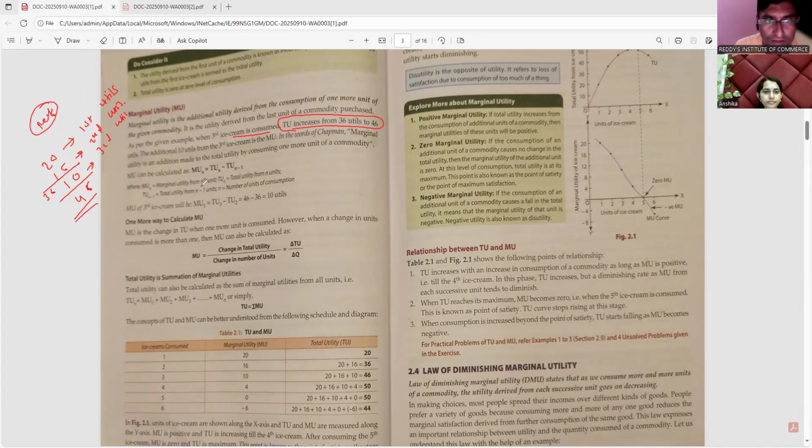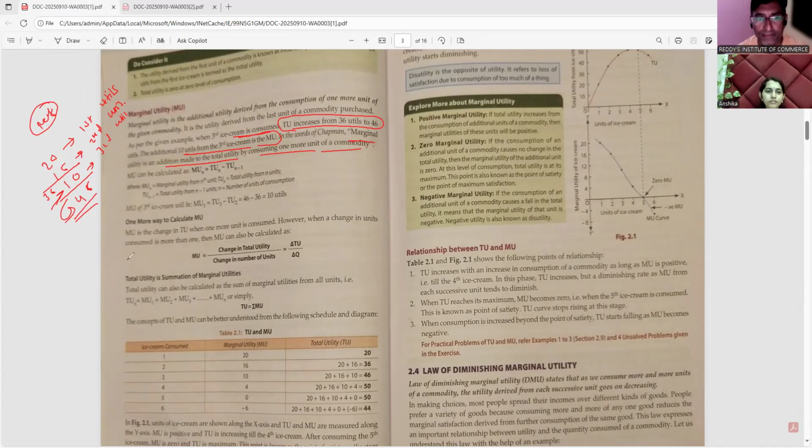In addition, the 10 units from the third ice cream is the MU. We are getting that additional benefit, and that is called marginal utility. Marginal utility is the addition made to the utility by consuming one more unit of the commodity. You are consuming one more unit, and again you are getting more satisfaction. That is called marginal utility.